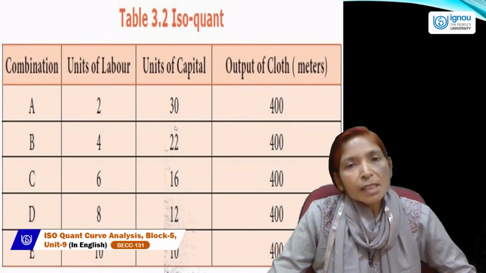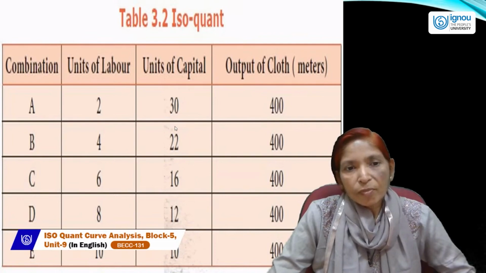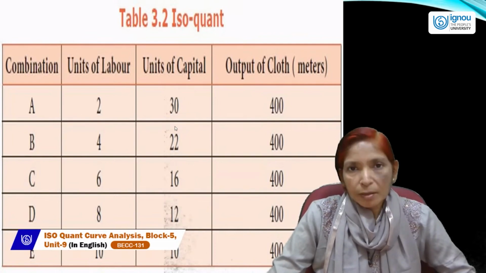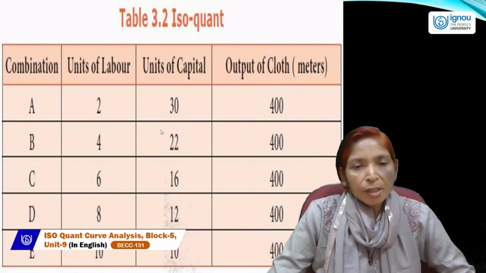In other words, MRTS is equal to delta Y upon delta X, or delta K upon delta L. Here K is capital and L is labor. It is the loss of capital divided by the gain of labor. In the first case, the loss of capital is 8 and the gain of labor is 2. So the ratio will be 4 to 1.